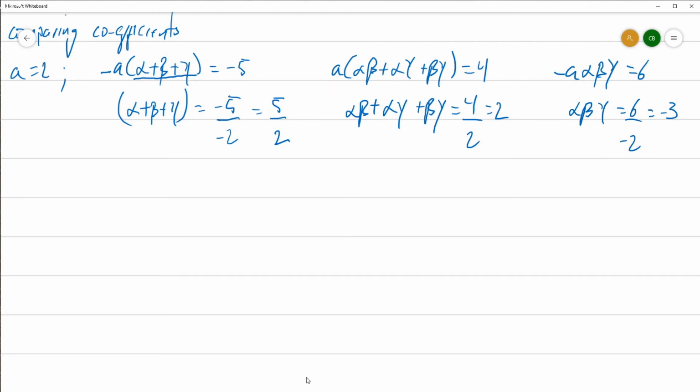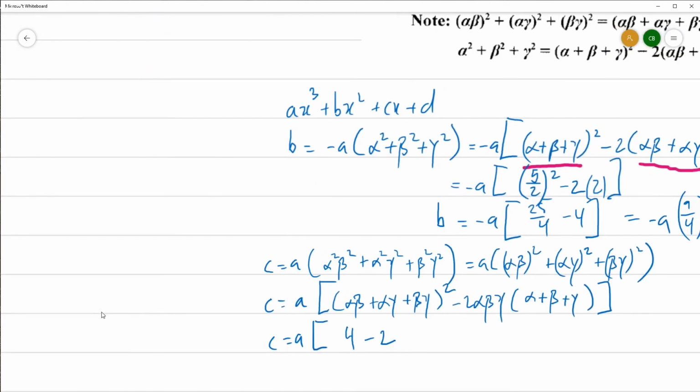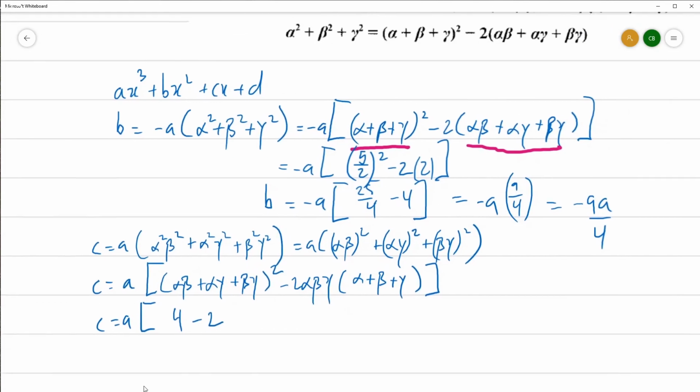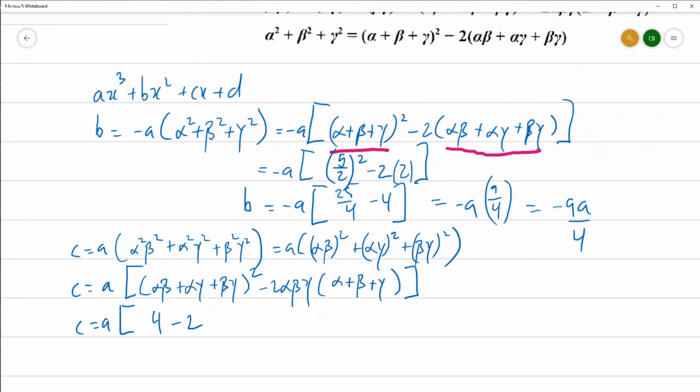Alpha beta gamma, we have as minus 3. So that's a minus 2 already, so this is minus 3. And then alpha plus beta plus gamma, well, that is 5 on 2.